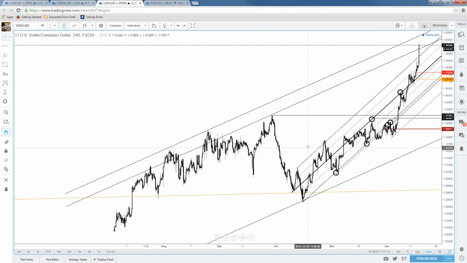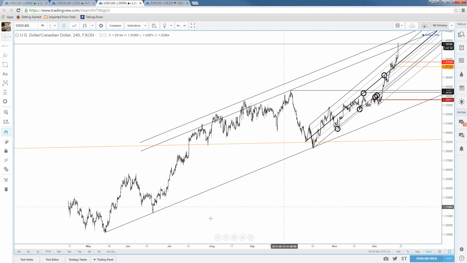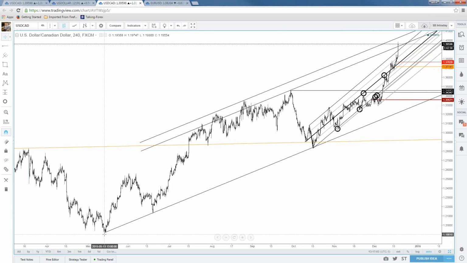If I scroll back, this is a 4-hour chart, but if we scroll back to everything since May, then we've got a really well-defined channel, and you can see that we're between the two boundaries up here. So this one is a little higher than 140.